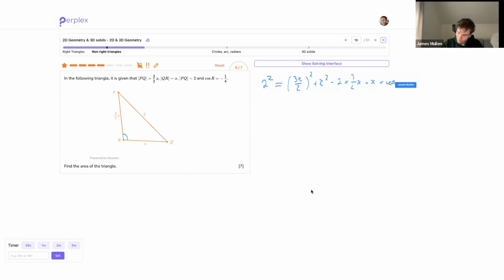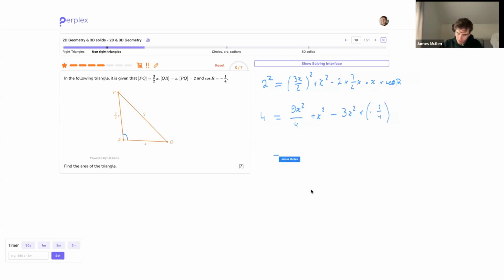times cosine of r. If I write that out, that's 4 is equal to 9x squared over 4 plus x squared minus 2 times 3 over 2, which is 3, so 3x squared. And then cosine r, the question tells us, is minus 1 over 4.